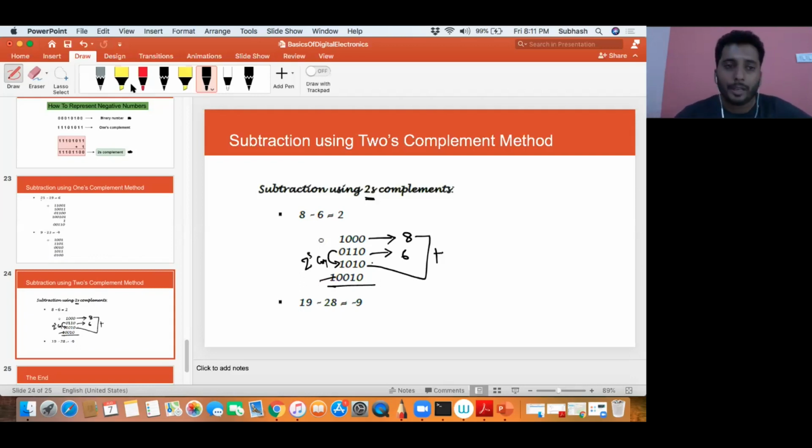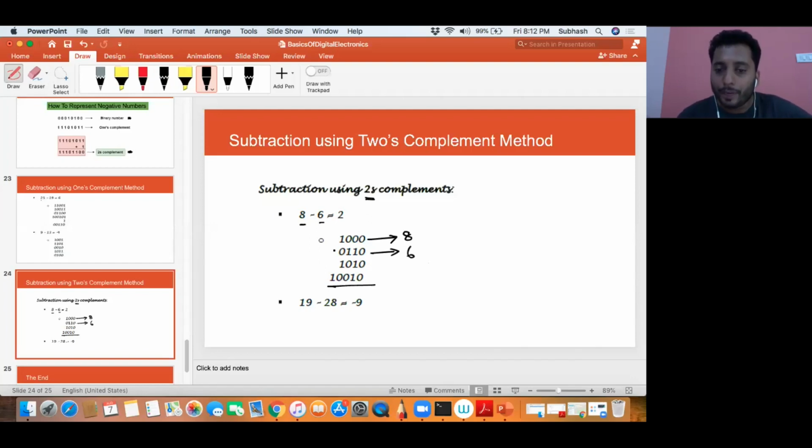I will explain it once again from the start so that you understand it better. If you want to subtract a smaller number from a bigger number using the twos complement method, you follow this method. Keep the first number as it is in binary, that is 8. Keep the second number as it is in binary, that is 6.